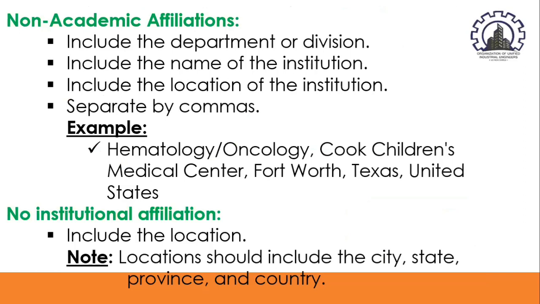For non-academic affiliations, instead of writing the name of the department and the name of the school, since it's non-academic, you need to include the department or division, the name of the institution, and the location of the institution, separated by comma.